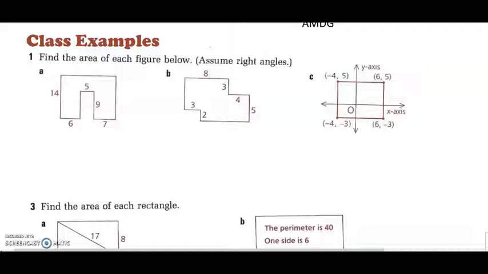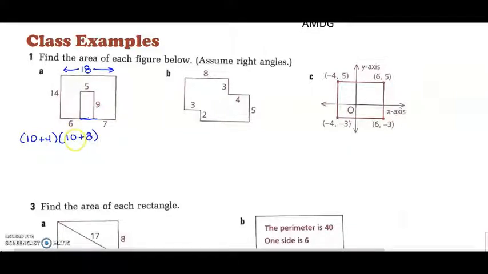Some examples. If I make this into one big rectangle, then I have 6 plus 5 plus 7 is 18 from end to end. Since I don't have a calculator, I'm going to use place value.